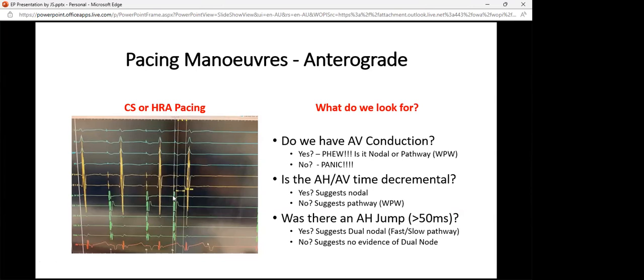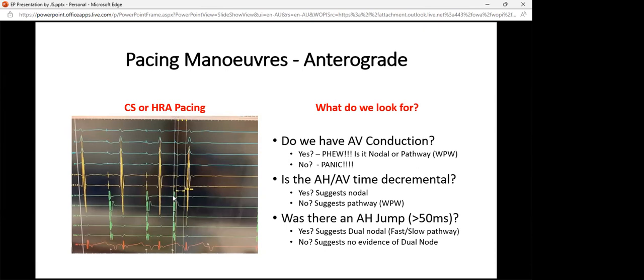And if that time decrements with every extra beat, then we know that that is going through the node. If that time is fixed, not in this patient, but if that time is fixed, then we know that that's probably going from the A to the V via a pathway, because we know that these pathways do not have decremental properties. No matter how quick you pace them, remember, the signal will go through at exactly the same rate. But we can rule that out in this patient because we know she didn't have a delta wave.